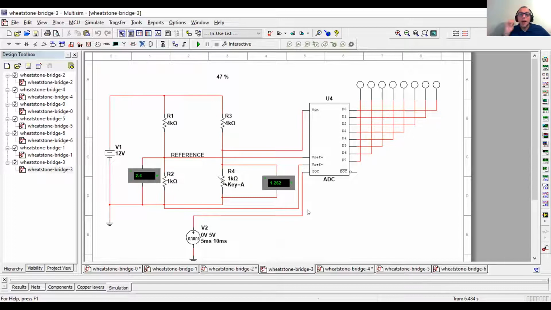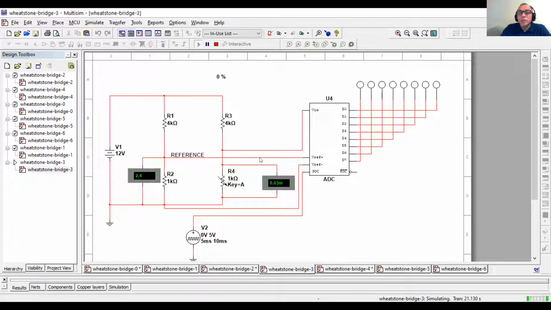We're here now. I have what's called an analog to digital converter. This will convert voltage levels to, in this particular one, an 8-bit binary number. So what I have is, I'll be at 0 right now.